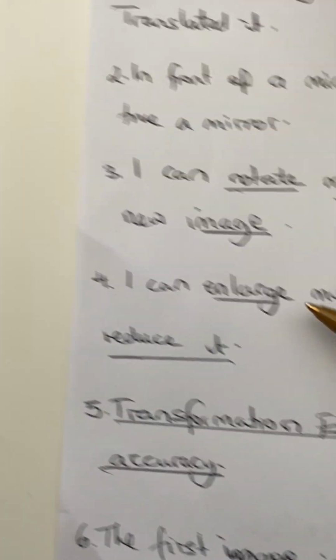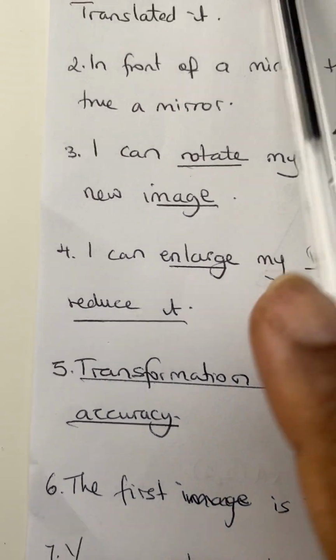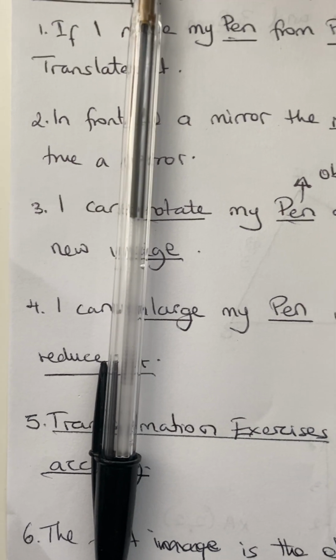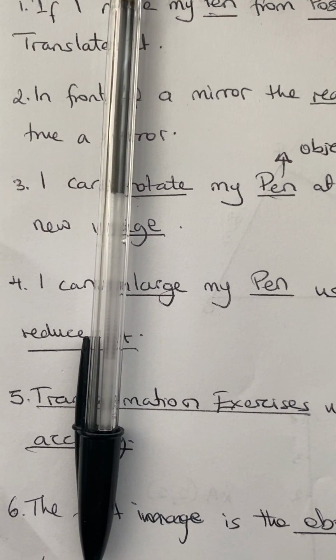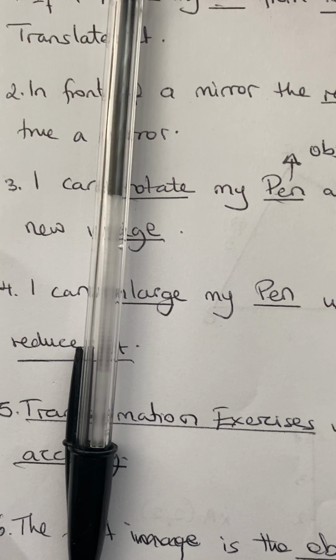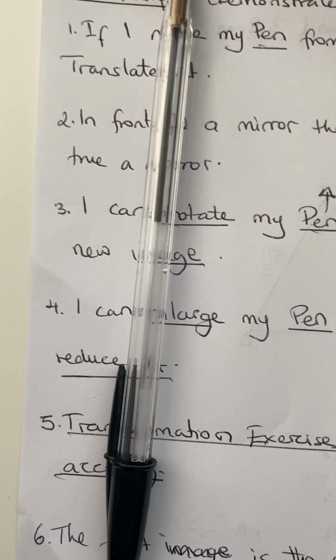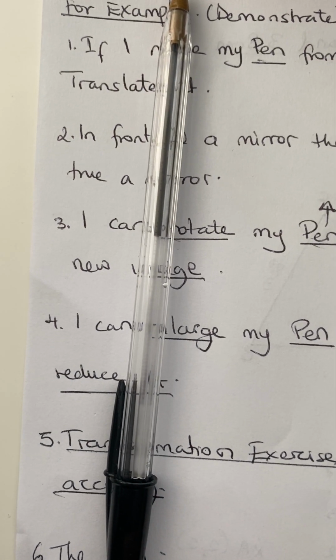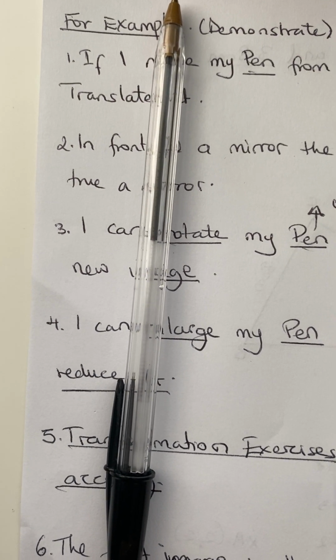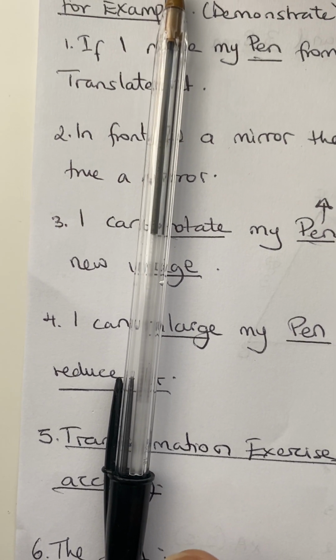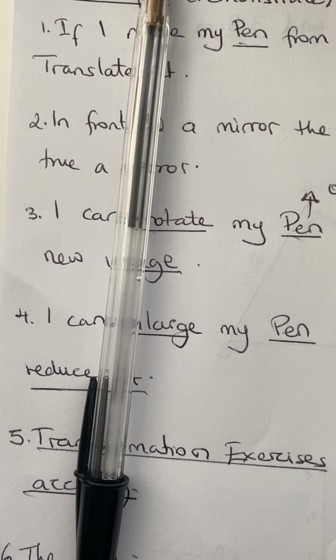Another one is enlargement. So this is a pen. There are some apps when you take a photo, you can enlarge yourself, maybe with a scale factor 2. So if I manage to make this pen bigger, twice the size, then I've enlarged it.